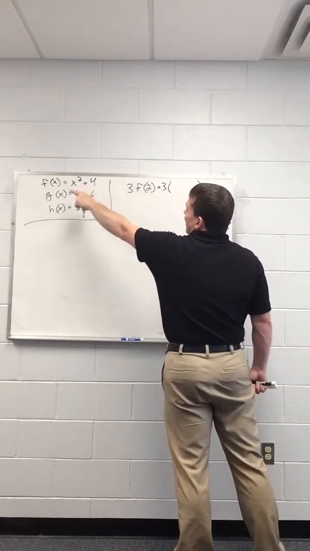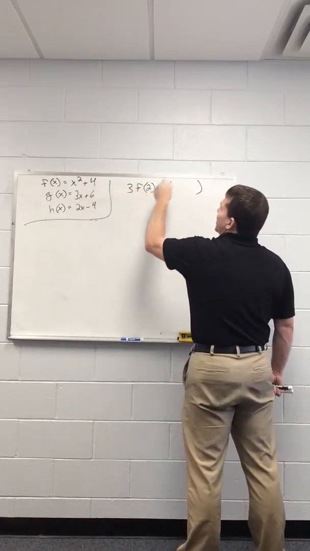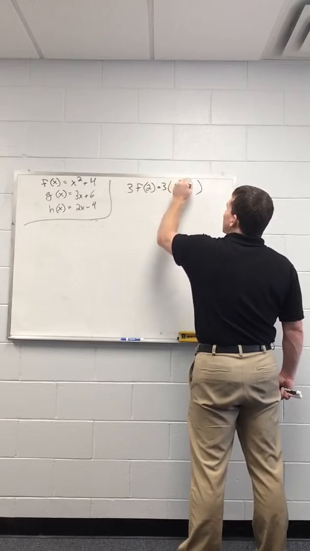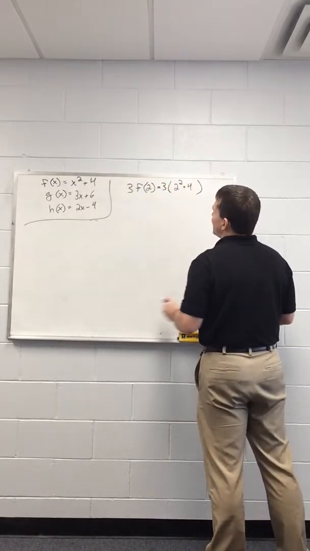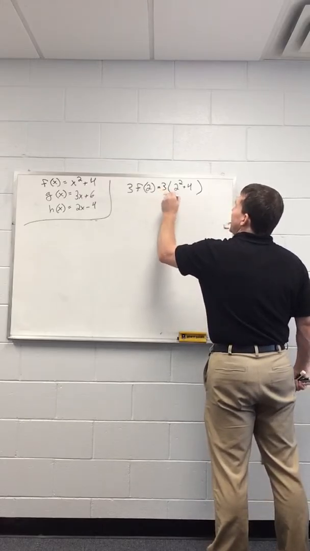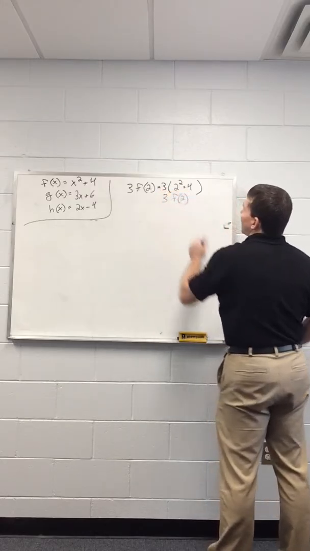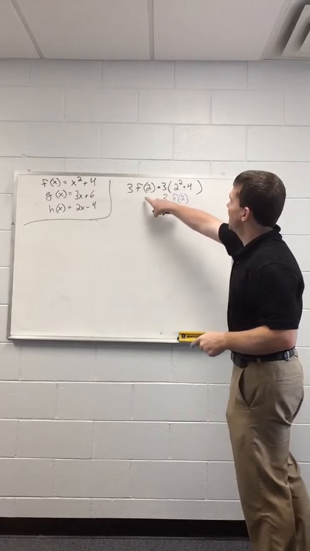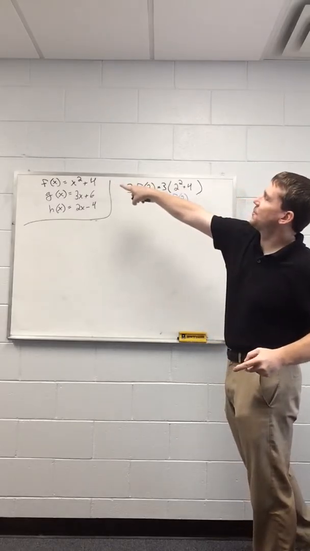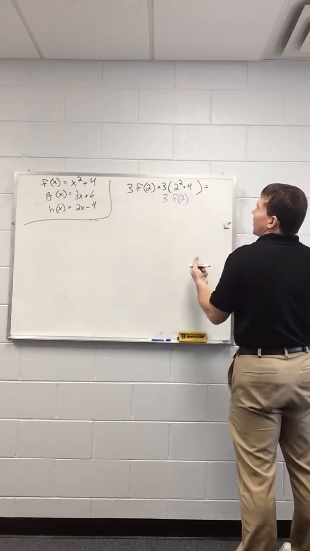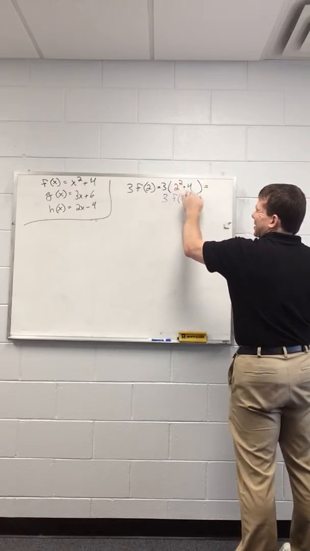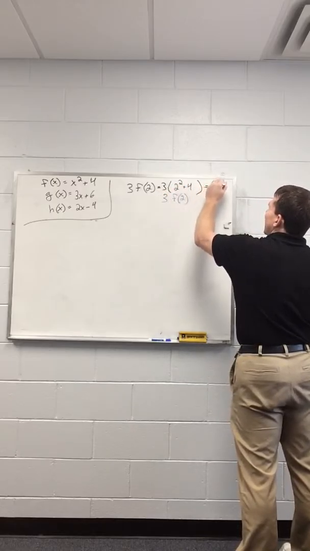That's the function f when I replace x with 2, which is 2 squared plus 4. And again, you just have to be able to see this is 3 f of 2 right here. I'm just replacing f of 2 with what f of 2 is over there. And then I just solve it out. Order of operations, 2 squared is 4, 4 plus 4 is 8, 8 times 3 is 24.